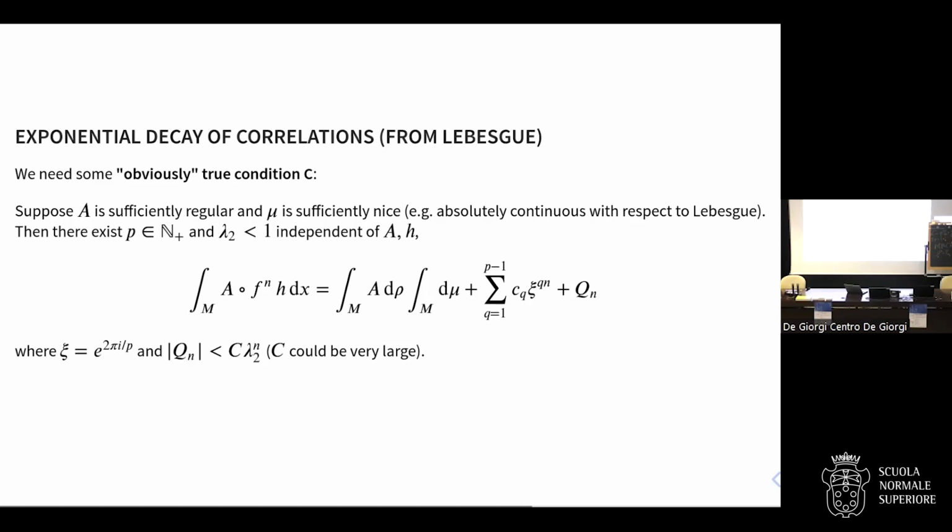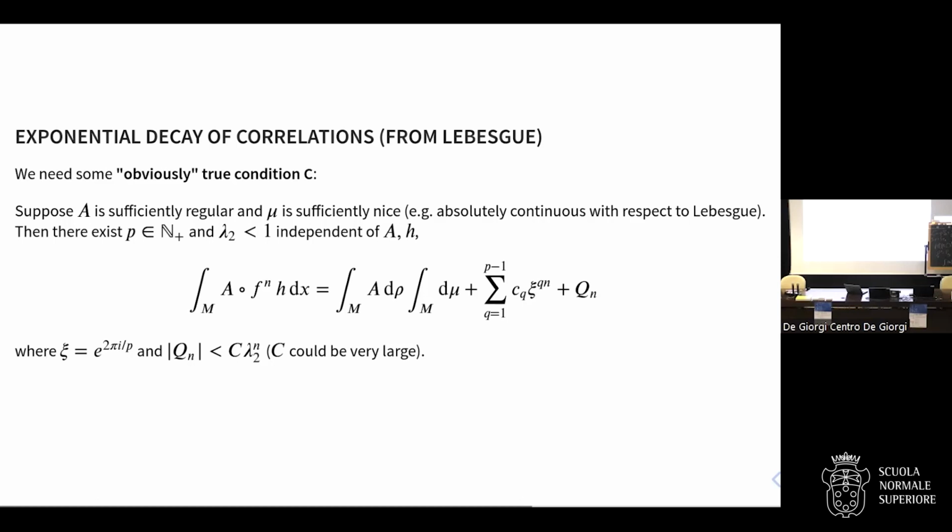So then if you take the fact that this correlation, well, it's not quite a correlation because it's not normalized to mean 0, but if you do this, then this is the same as the integral of A times L to the n of h dx.